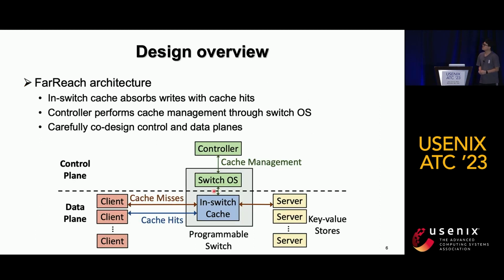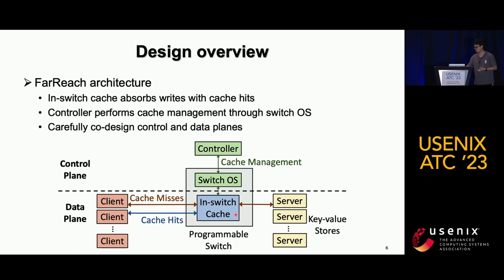Before going to the details of our design, let me first introduce the overview of our architecture. As you can see, we deploy an in-switch write-back cache into the programmable switch. We cache the hot records into the switch such that the writes on the cached records, that is, the writes with cache hits, will be absorbed by the switch instead of accessing the backend server, to improve the write performance.